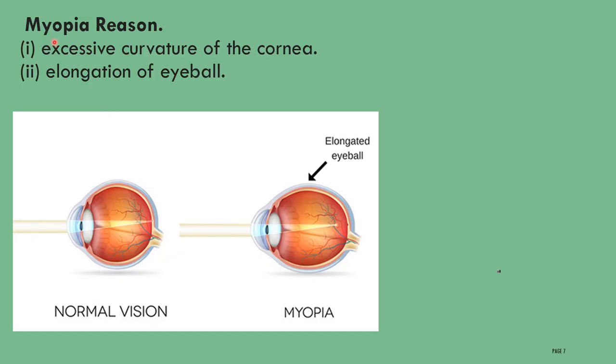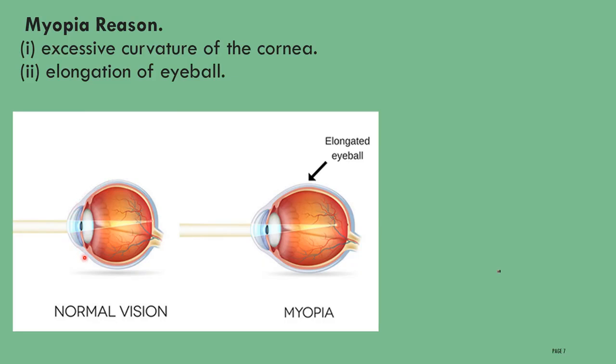Next we will see myopia reason. What is the reason of myopia? First one, excessive curvature of the cornea, and elongation of the eyeball. Look at these two pictures. There is a huge comparison. This is the normal vision of an eye. This is the myopia eye. You can identify this curvature of the cornea.